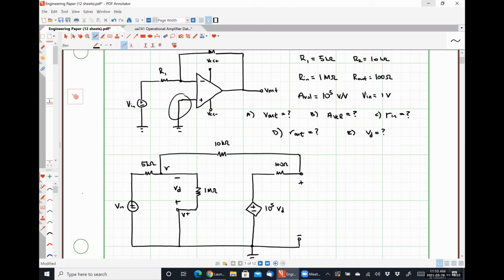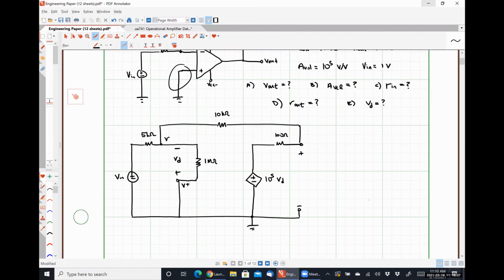So I'm going to use nodal analysis at the inverting input terminal and the output terminal to determine most of my quantities here, okay? So let's see, KCL at the inverting input.